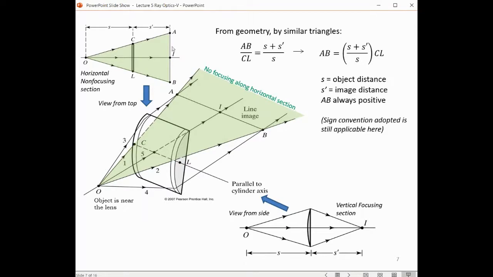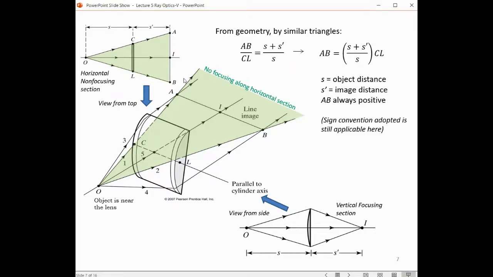So from geometry, this is the horizontal plane, and this is the vertical plane. Position I here belongs to this line here. So if we view from the side, we will see them as just one point. So incorporating this horizontal and this vertical plane, we then can get the ratio of AB divided by CL equal to S plus S prime divided by S by consideration of similar triangles.